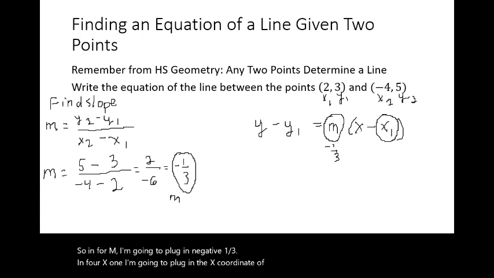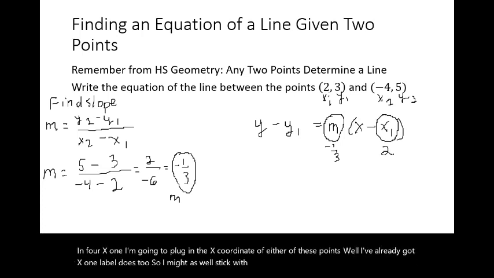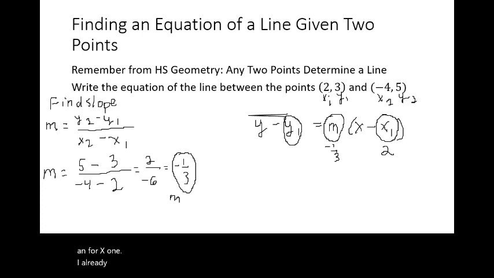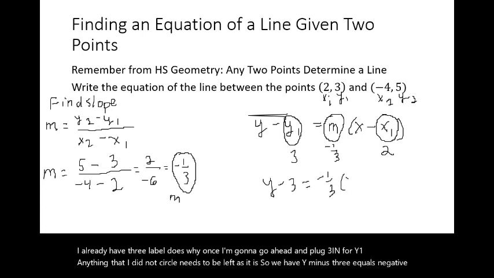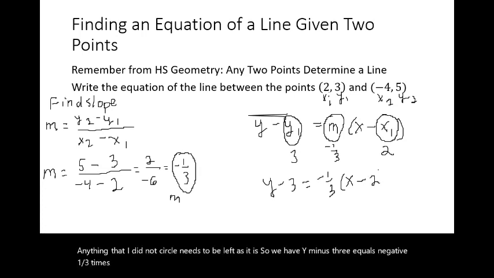Well, I've already got x1 labeled as 2, so I might as well stick with the same labels. So I'm going to plug in 2 in for x1. I already have 3 labeled as y1, so I'm going to go ahead and plug 3 in for y1. Anything that I did not circle needs to be left as it is. So we have y minus 3 equals negative 1/3 times x minus 2.